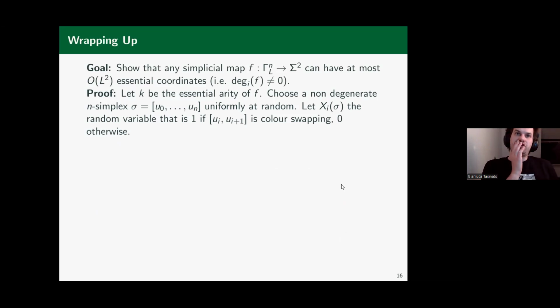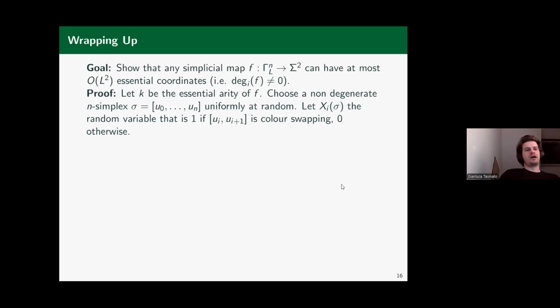Fix the essentiality of the function, let it be K. Then we choose uniformly at random a simplex in the torus gamma L to the n, say u0 to un, and define the random variable xi, which is 1 if exactly the edge between ui and ui plus 1 is color swapping, and 0 otherwise.